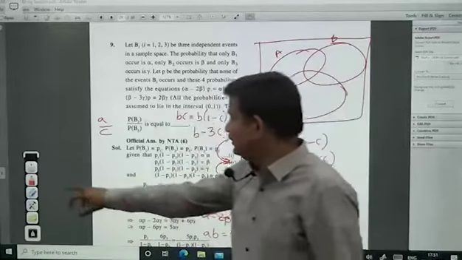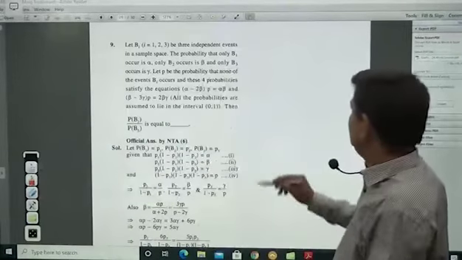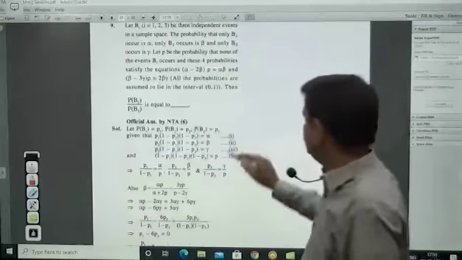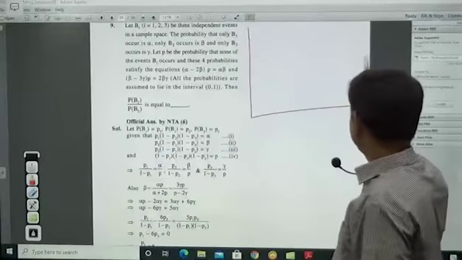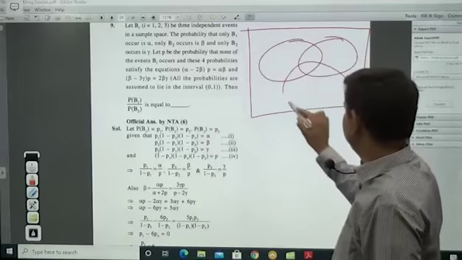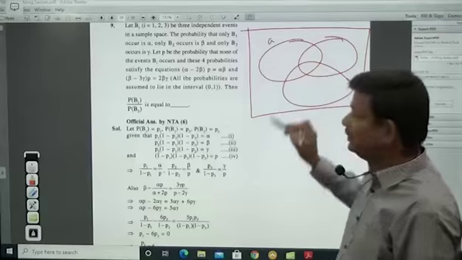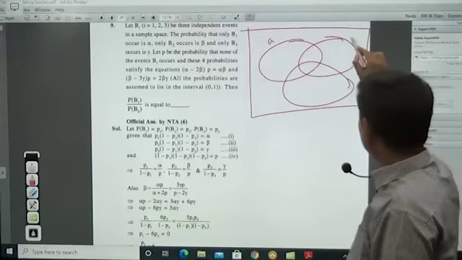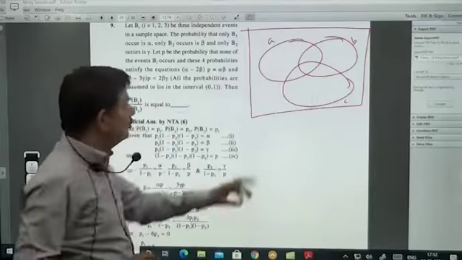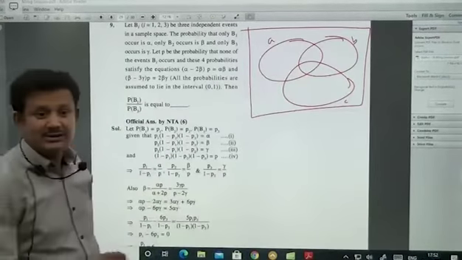Once again I will repeat. Take a Venn diagram. Independent events. Let this occurring be A, this be B, this be C. What is given? Only the first event occurring is alpha.